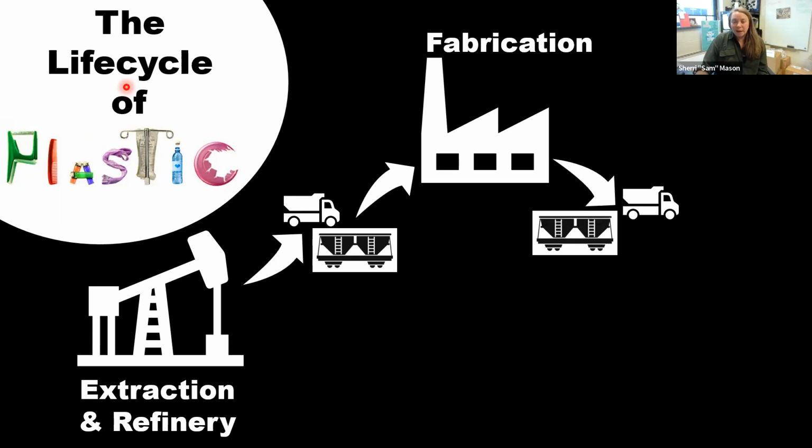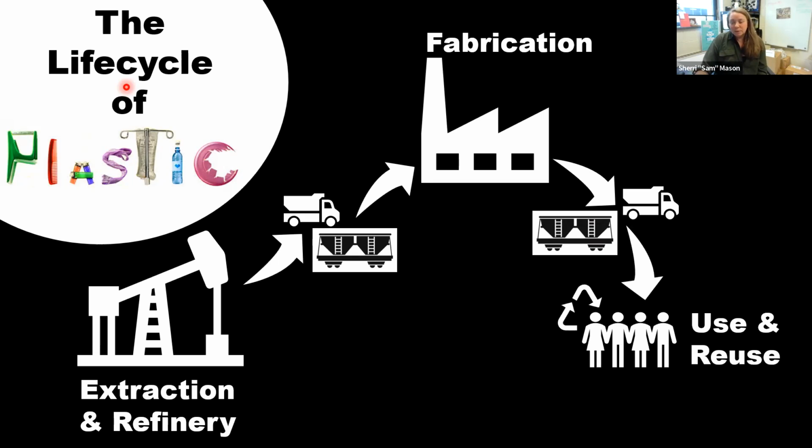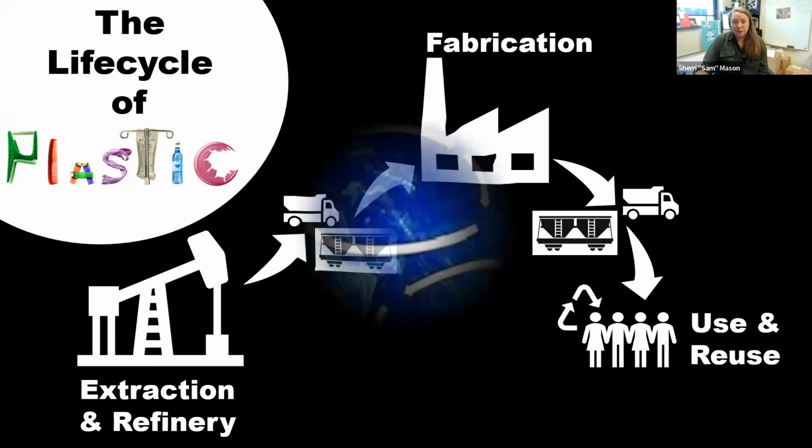And then those products are shipped to the people for use and reuse. And then this is really where we think of the pollution happening, right? We tend to focus on pollution happening after people, but really pollution is happening all along this chain. And I just think that that's a really important piece to make, especially with regard to environmental justice issues.